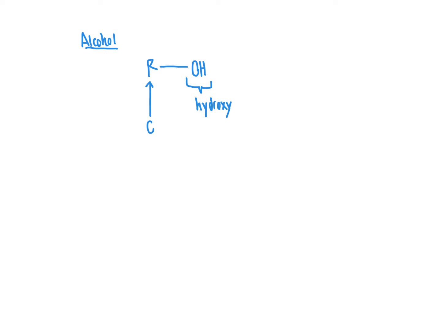That carbon can be just about any carbon, but it can't be a carbonyl carbon, a carbon-oxygen double bond, because if it was, then you would have this carbonyl group directly connected to an OH group, and that combination of atoms we refer to as a carboxylic acid group.